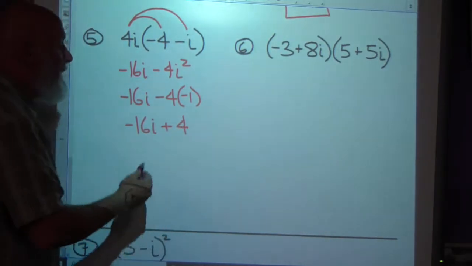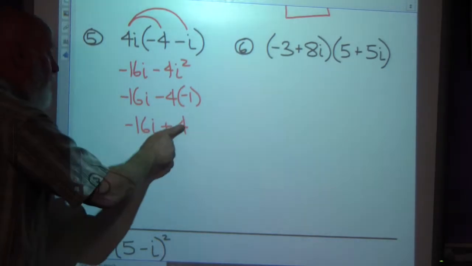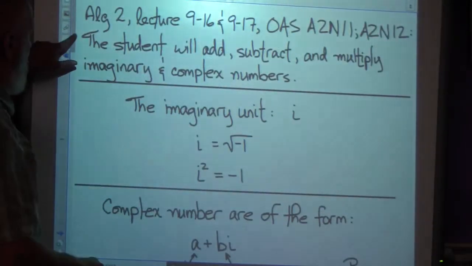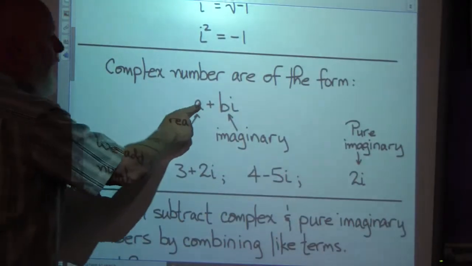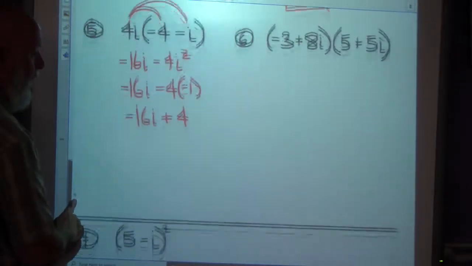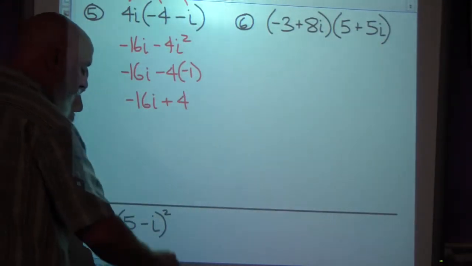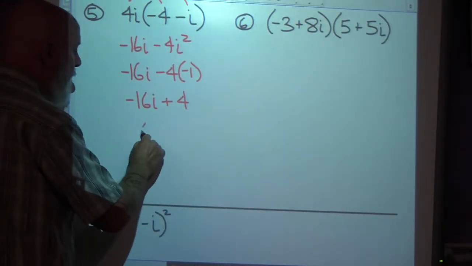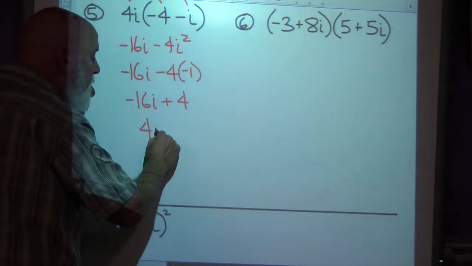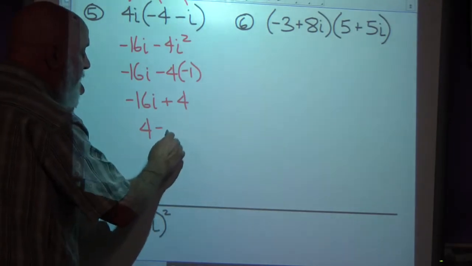And then to put it in standard complex form, you put the real part first. That's this up here, the standard complex form, real plus imaginary. So down here, I have a real number plus an imaginary number. I'm just going to put the real number first. 4. And in this case, since this is minus 16i, I'm just going to say instead of plus negative 16i, I'll just say minus 16i.